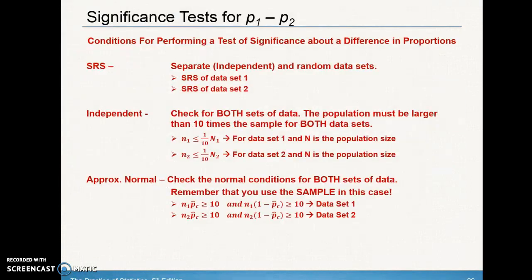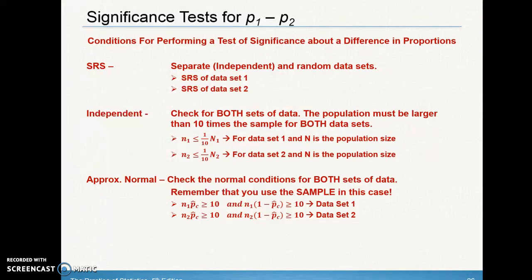Conditions are the same as they were for your confidence intervals. Simple random sample: we have to have independent random samples, which is different from our independence condition. Make sure you're stating it two times: simple random sample of data set 1, simple random sample of data set 2. Now this independence condition is used for your standard deviation.